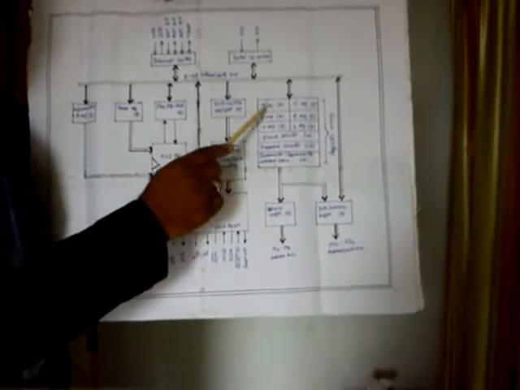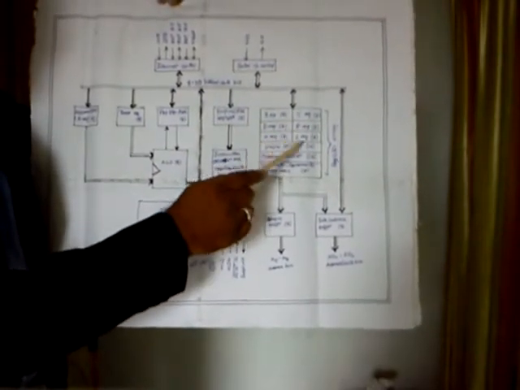These are general purpose registers B, C, D, E, H and L.